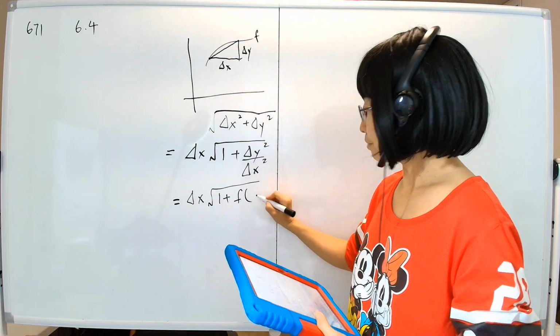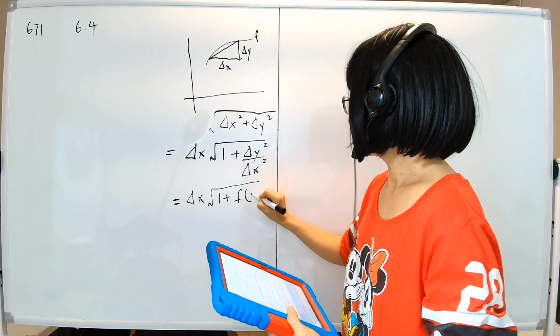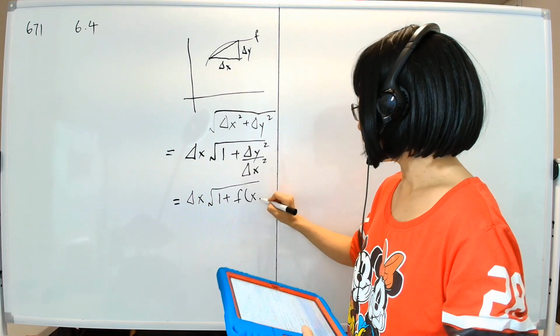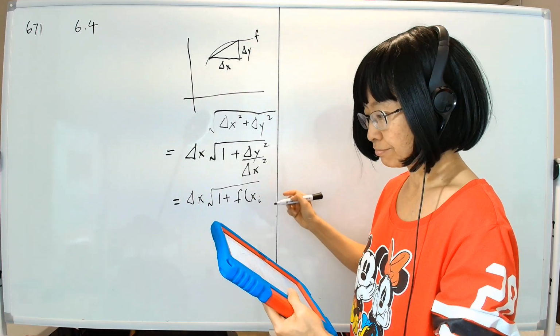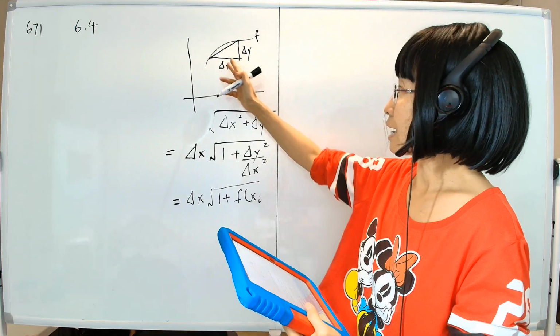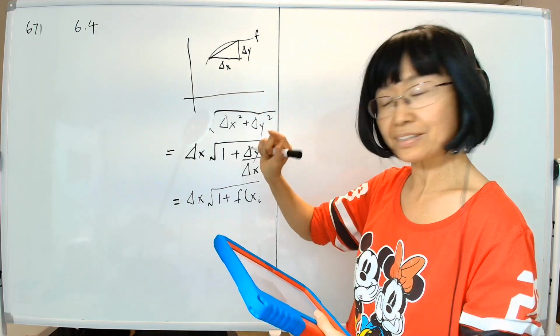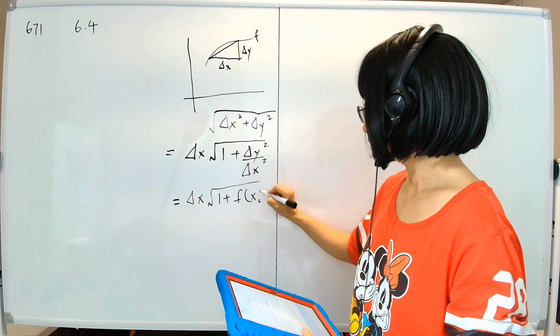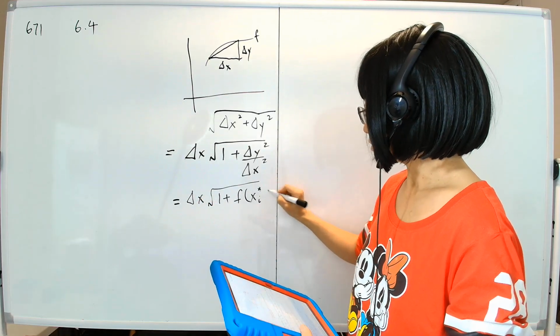By the mean value theorem, you can find some point, which we'll call xi. Your book even put a star there. I guess that's okay.